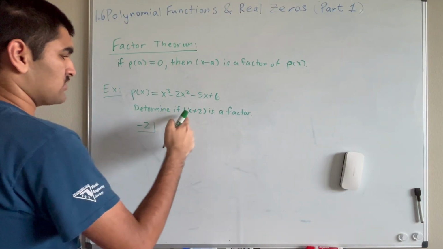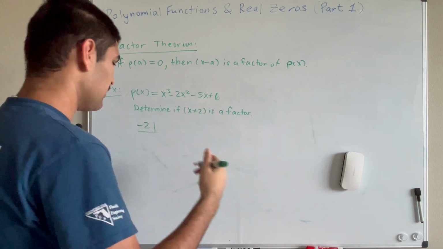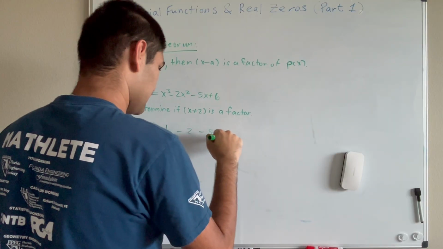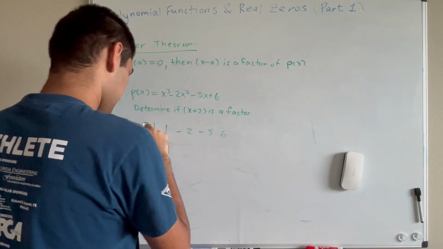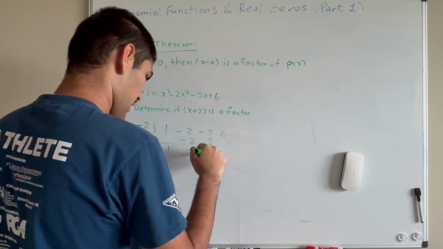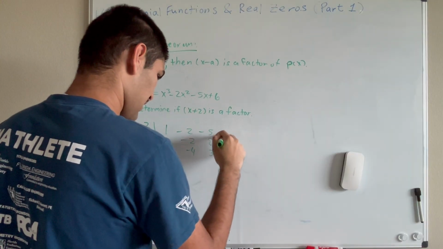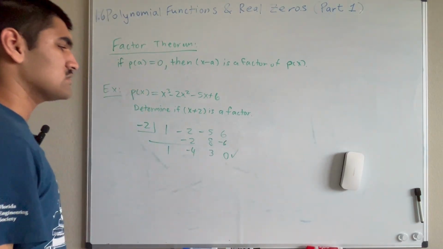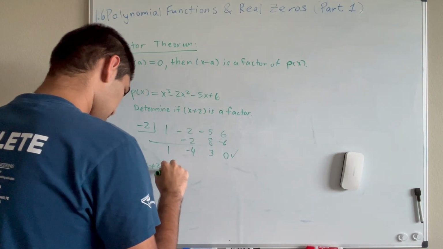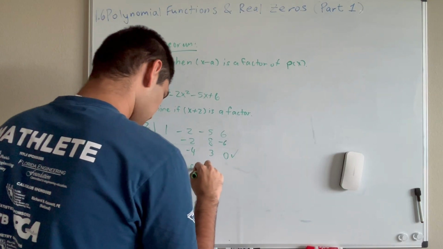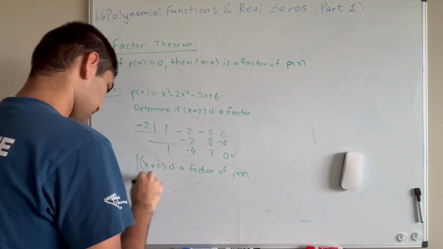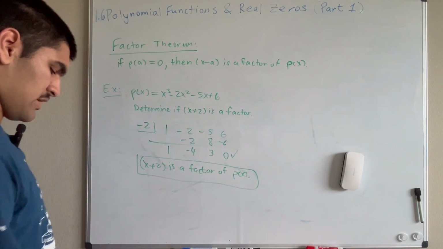This would become negative 2, because this is technically x minus negative 2. Put on the coefficients 1, negative 2, negative 5, 6. Bring down the 1, times negative 2, add: negative 4. Then 8, add: 3. Then 2 times negative 2, negative 6, add: 0. And indeed it's 0, therefore x plus 2 is a factor of P of x. Okay, good.